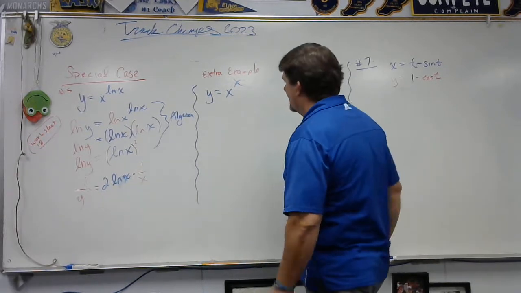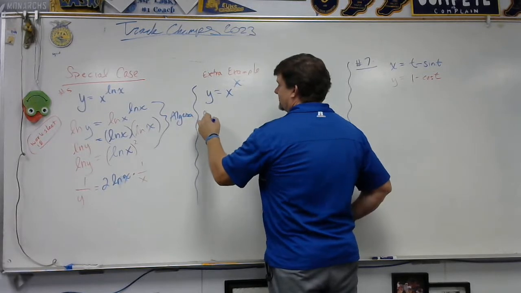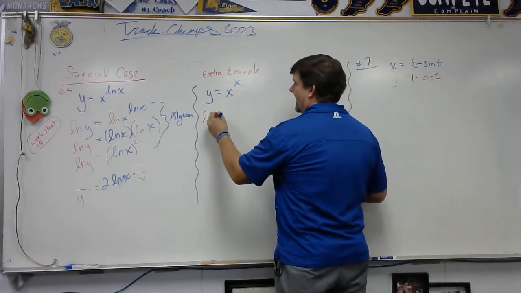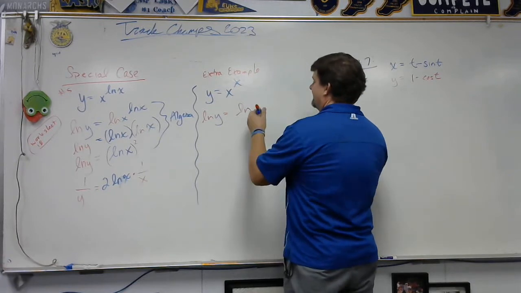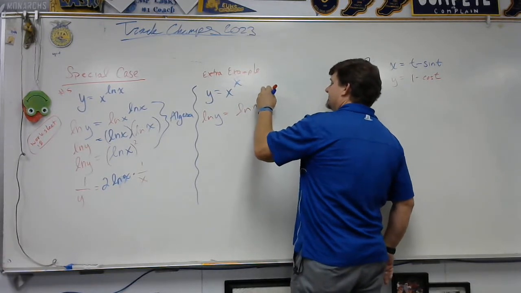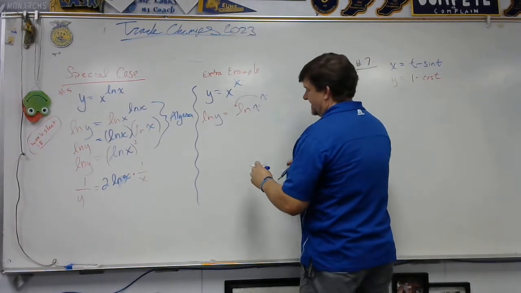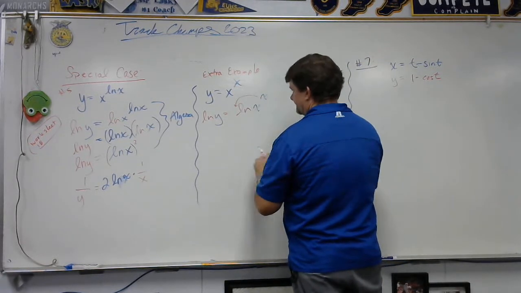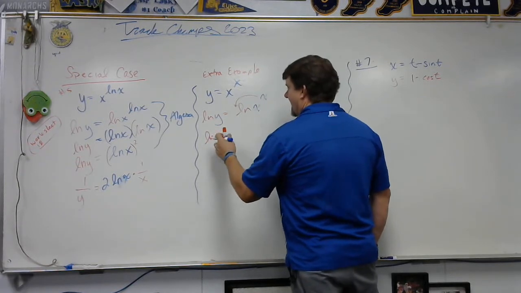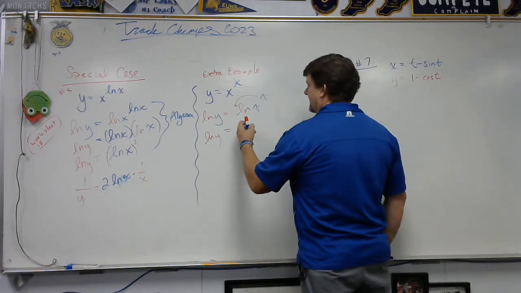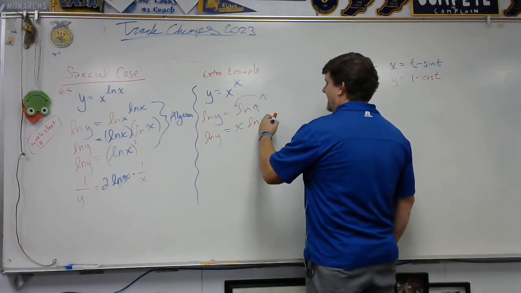It's the same thing here. What would I do to both sides? I would take the natural log, and I would get the natural log of y equals the natural log of x to the x power. This can move down, and so I will get the natural log of y equals x times the natural log of x.